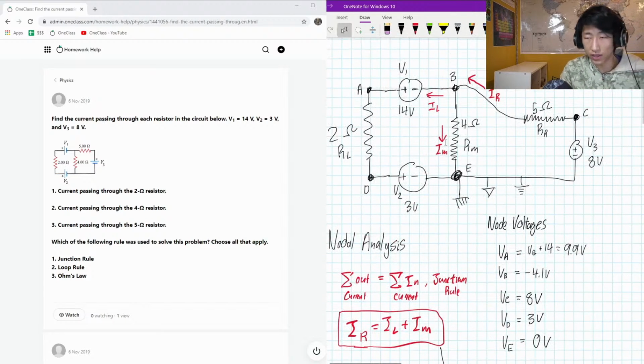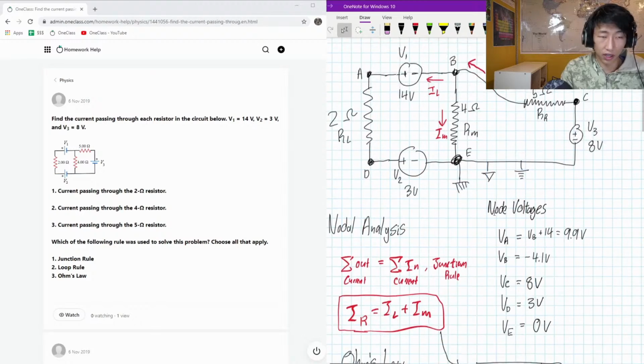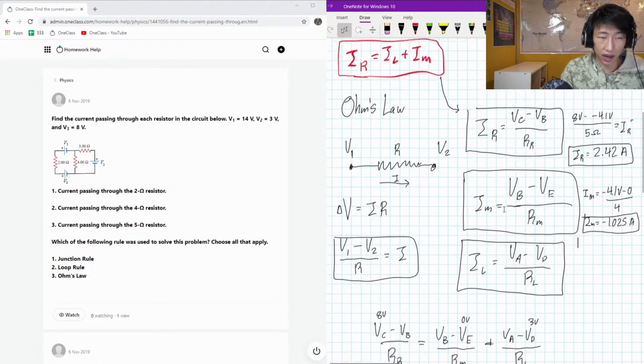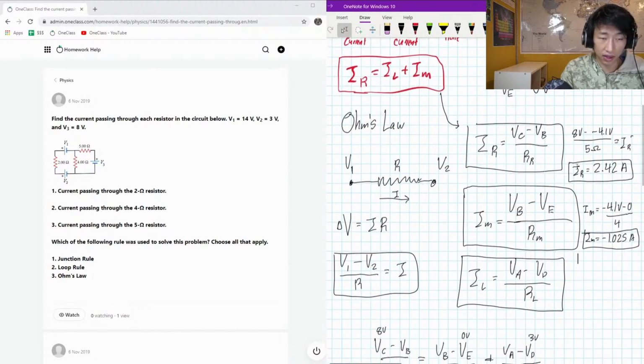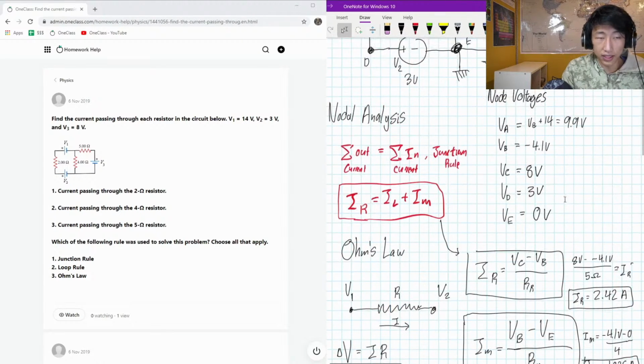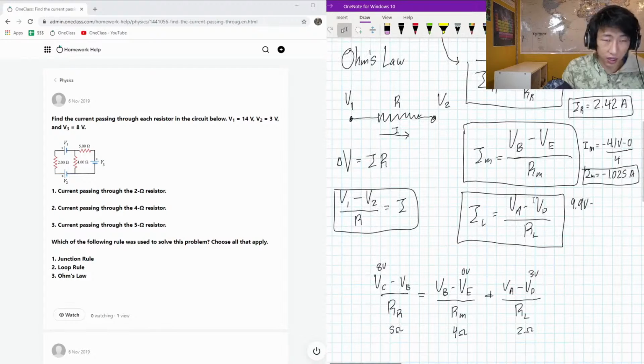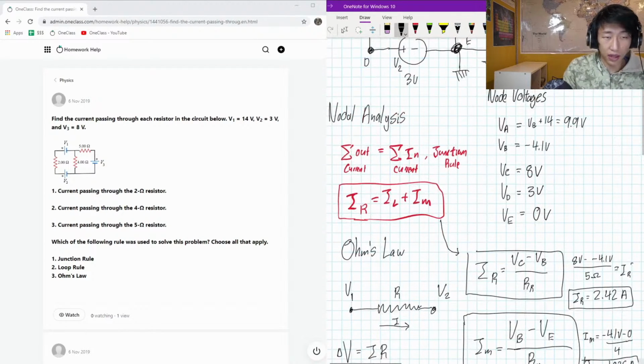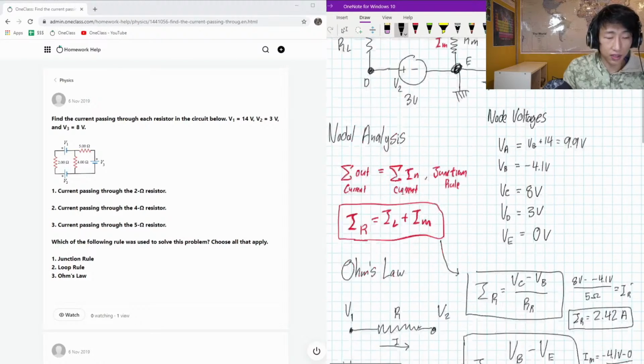So that just means that it is going the opposite direction as in the drawing. So in the drawing it's going down, but in reality it would be going upwards. That's interesting, but it makes sense given our calculations. And our last current, IL, is just going to be VA. We calculated that to be 9.9 minus VD, which was 3, all divided by that resistance, 2 ohms.